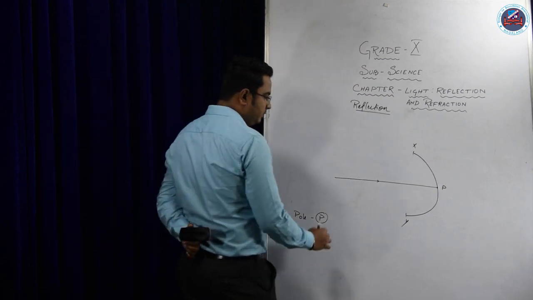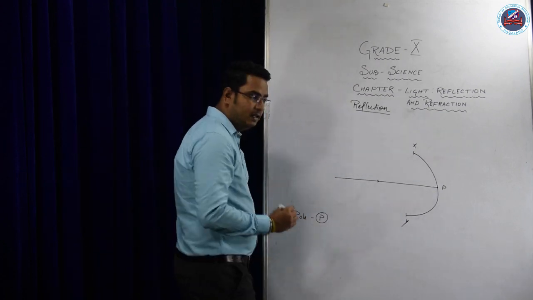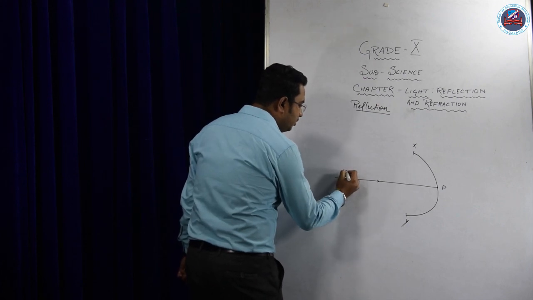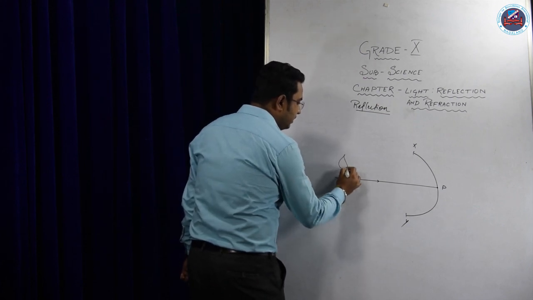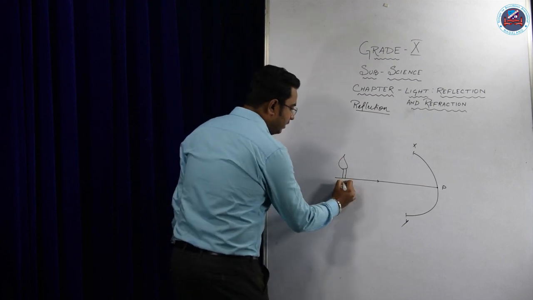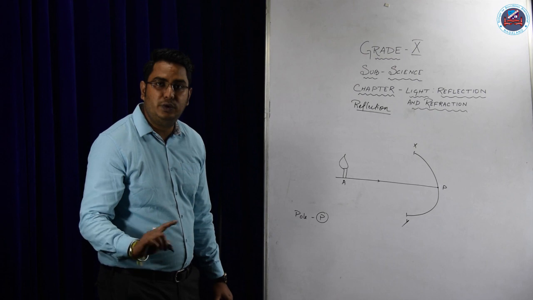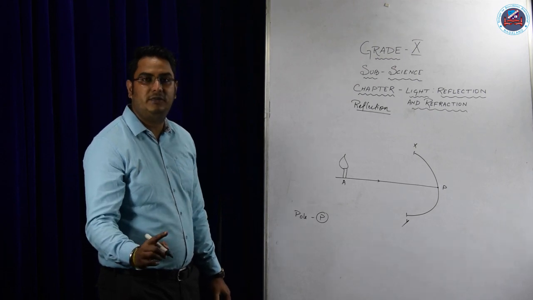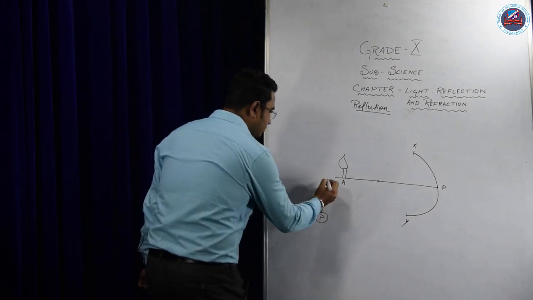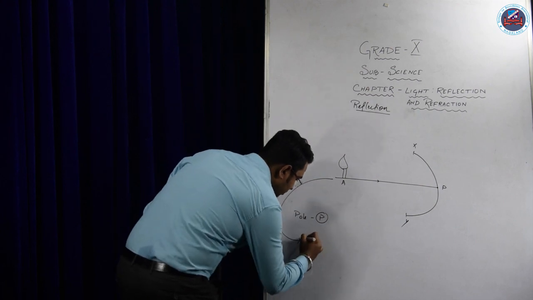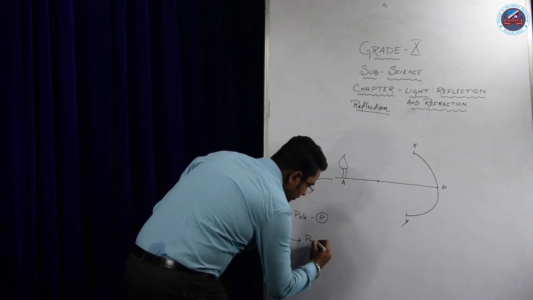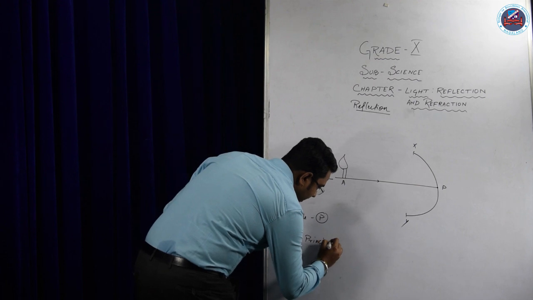Now let's say there is an object which has been placed onto the principal axis somewhere at point A. This imaginary ray of light which has bisected the mirror into two equal halves is called the principal axis.